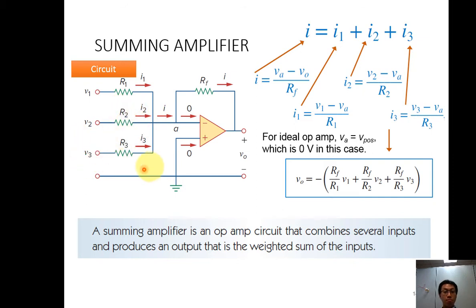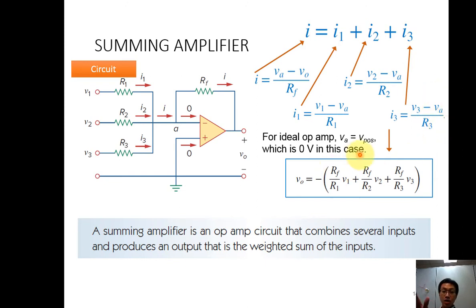Same, V3 minus VA divided by R3. So for an ideal op-amp, VA must be equal to V positive, where my V positive will be 0 in this case. So my VA will be 0. So VA is 0 here, 0 here, 0 here, 0 here.